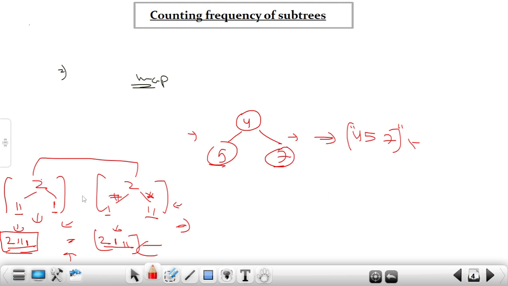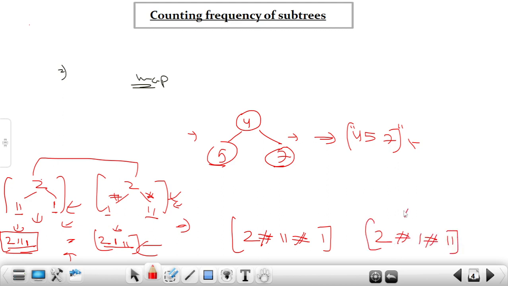To represent this, first I will write root which is 2, then I will put a hash, then I will write this 11, then again I will put a hash, then I will write this 1. This is how I can represent this tree. And for the other I can write 2, then hash, then 1, then again hash, then 11. Now again this is a string, right?